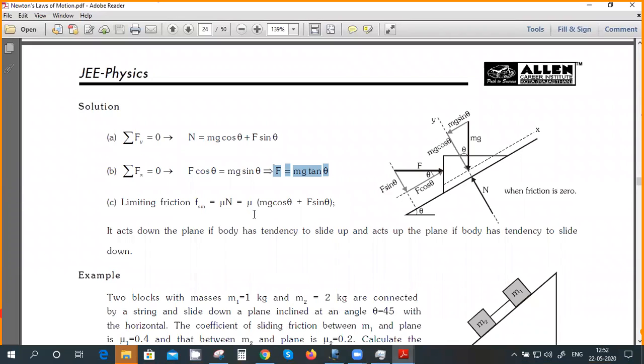Limiting friction is mu times (mg cos theta plus F sin theta). Okay, he's assuming the friction force is upwards. When you assume friction force is upwards, the total downward force is mg cos theta plus F sin theta, no?